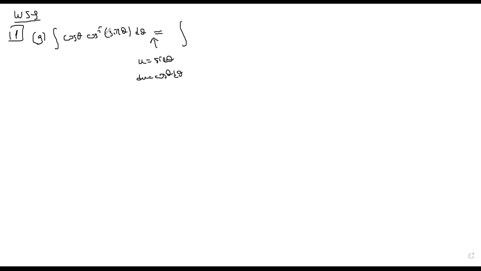Cosine theta. So here we have, let me write, cosine theta, and here we have cosine to the 5 of u, right? Sine theta is equal to u, and d theta is equal to du over cosine theta.